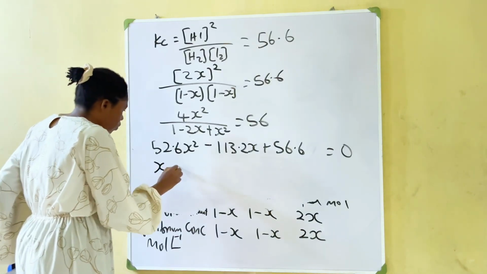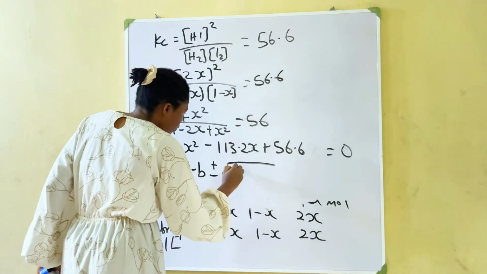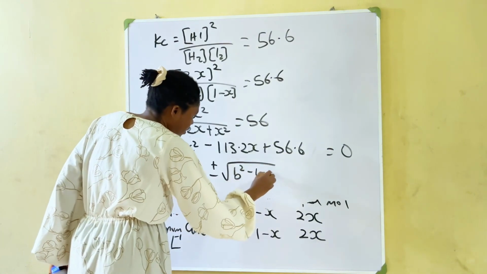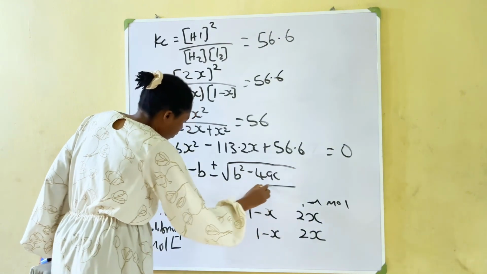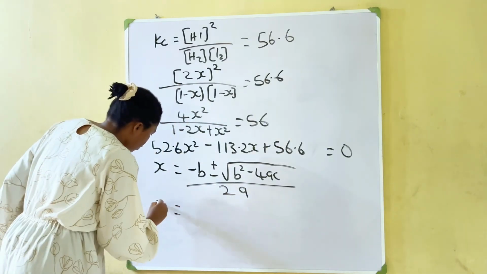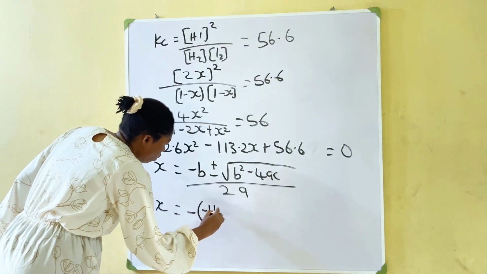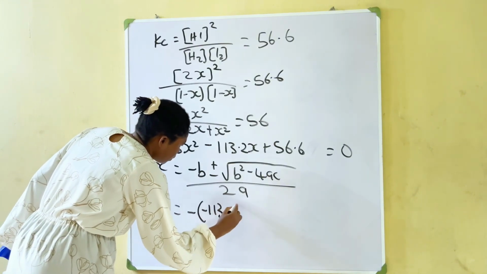We're going to use the quadratic equation to solve this. x equals minus b plus or minus the square root of b squared minus 4ac, divided by 2a. What's b? Minus 113.2.